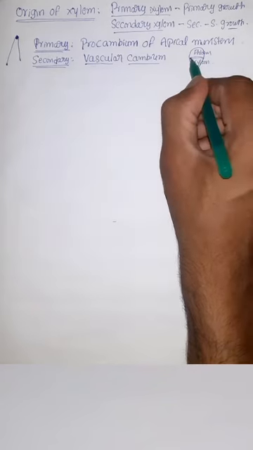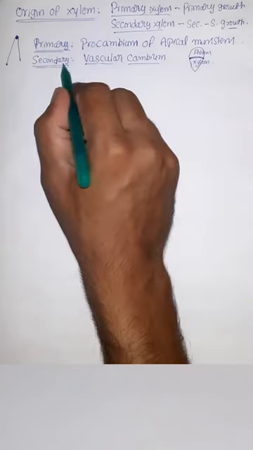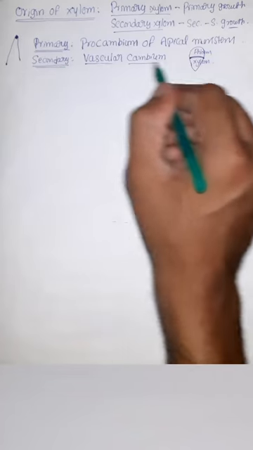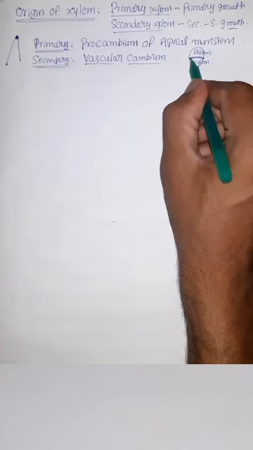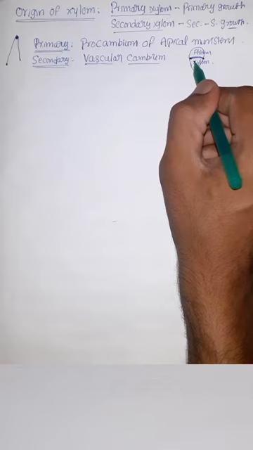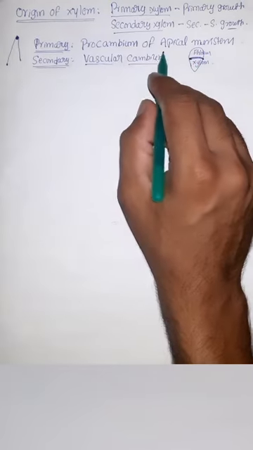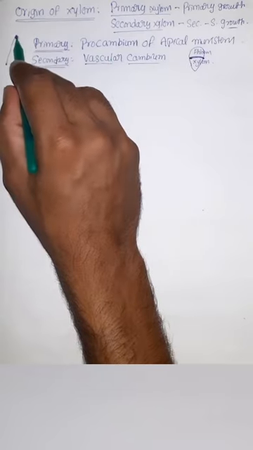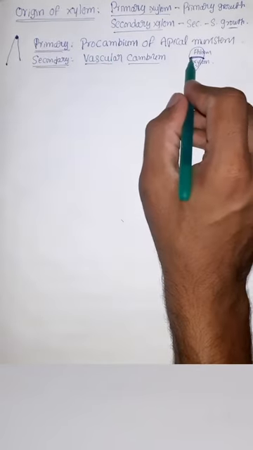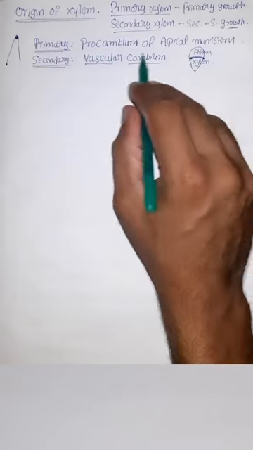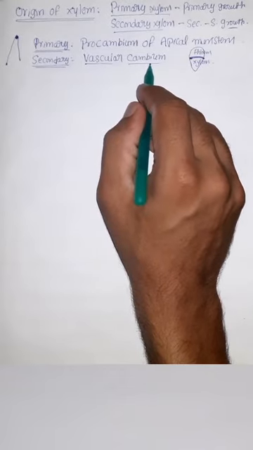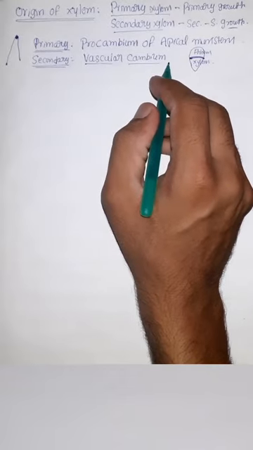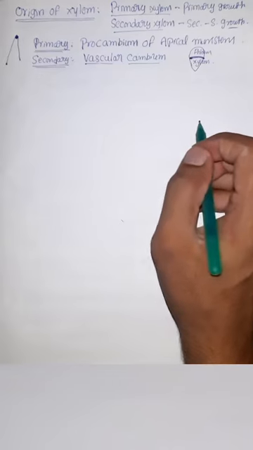This is vascular cambium. The secondary xylem will develop from vascular cambium. The primary xylem is formed from the procambium of apical meristem. The secondary xylem is formed from vascular cambium. These are the origin points of xylem.